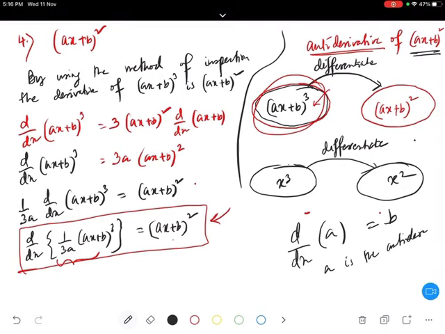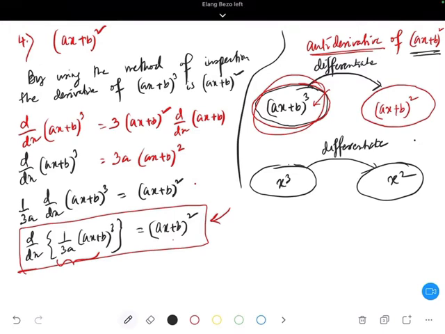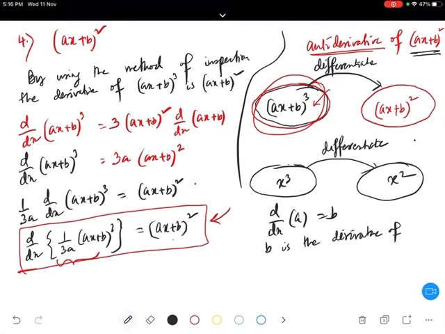Simple as that. Understood or not? Come on, tell me guys. Yes or no? I will just write this nicely. So d dx of a is equal to b, right? So this expression means that b is the derivative of a.